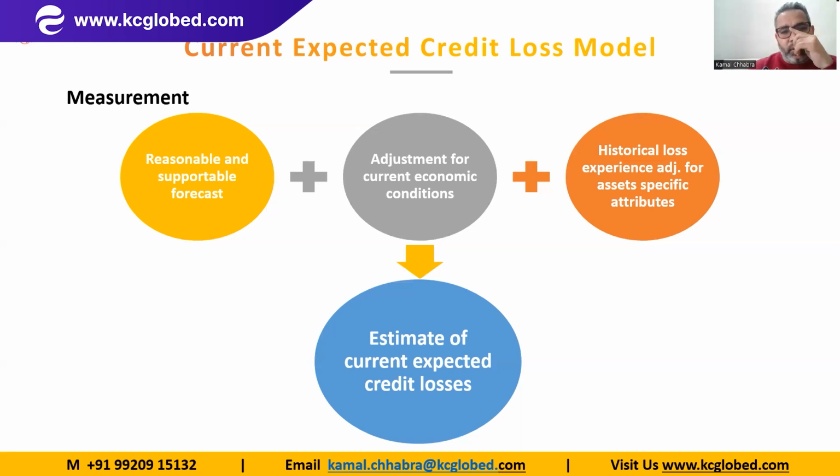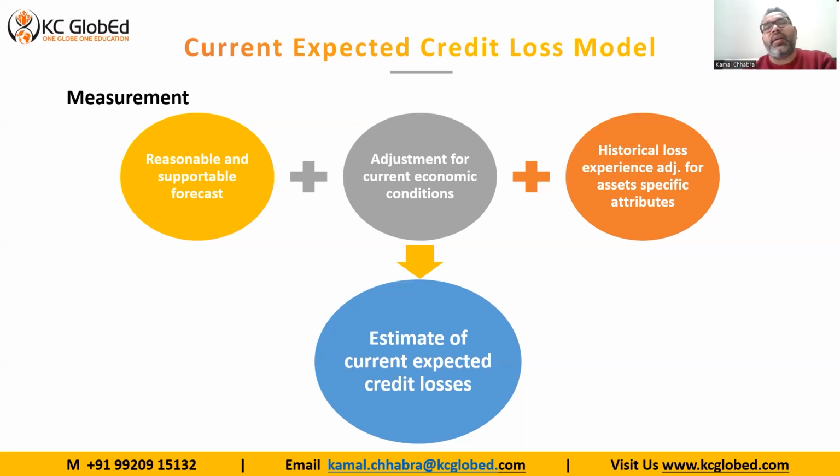Hence they need to do a separate estimation of expected credit loss before giving credit to customers of tier 3 cities. That is called historical loss experience adjustment for asset specific attribute.